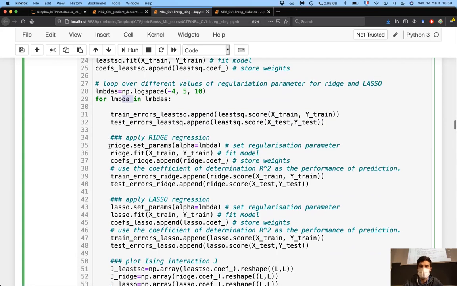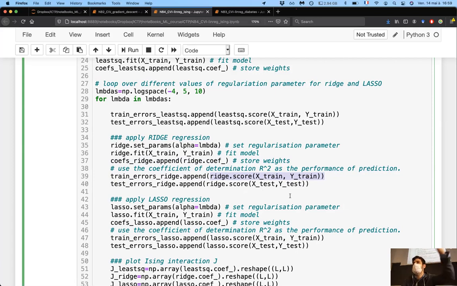So here, each time I'm setting up my ridge regression, creating the object, and fitting the training data. Here I'm just storing the weights of this J matrix or J vector that I'm reconstructing, and I'm storing the error I make on the training data, what is called the score here. It's not a mean square error; it's another error metric, but it's like a mean square error.